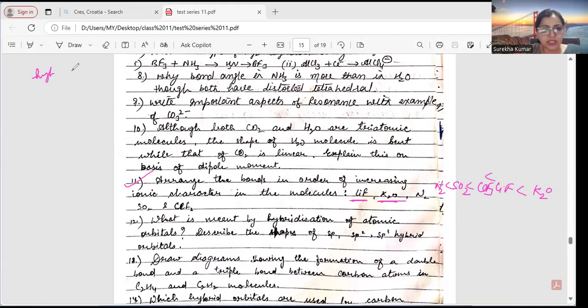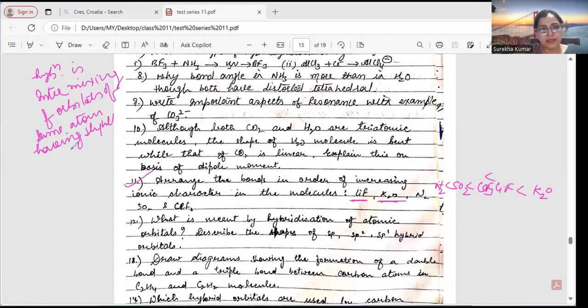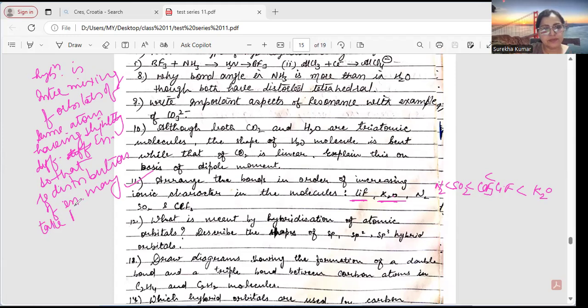See, hybridization is intermixing of orbitals of the same atom having slightly different energies so that redistribution of energy may take place to make an equal number of orbitals with the same shape and size.